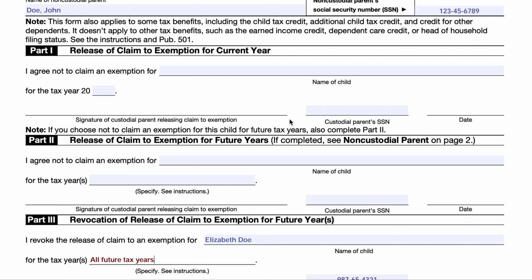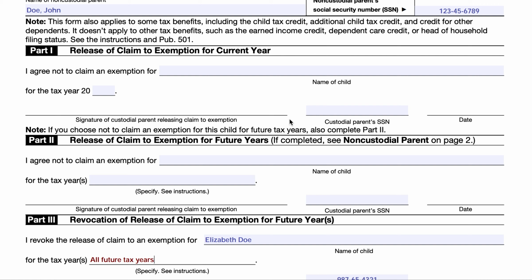So if Elizabeth Doe and John Doe Jr. spend the majority of their time with Mary Jane, then she can transfer certain tax credits. She cannot transfer the earned income credit, the dependent care credit, or the head of household filing status. Those are all things that John Sr. would have to qualify for independently.